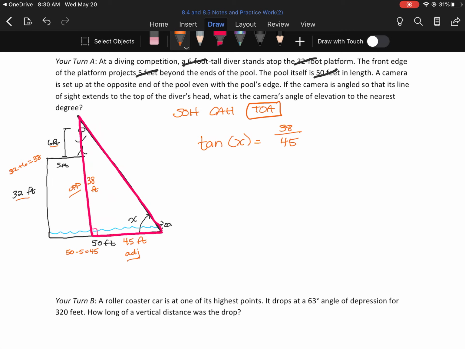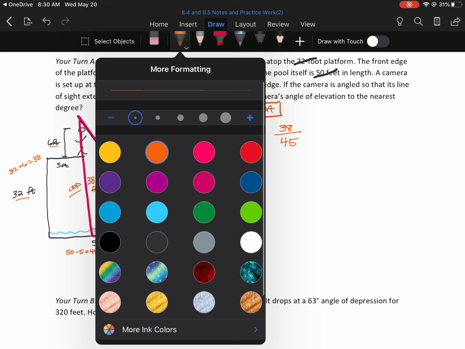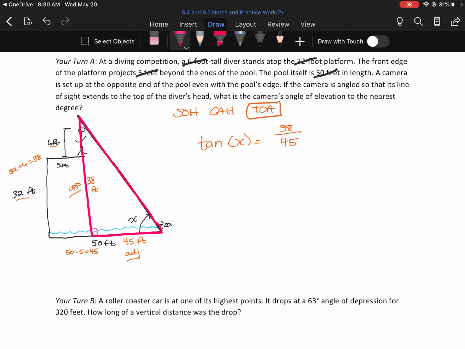Okay, so now we need to eliminate that tangent. So the opposite of tangent is tangent inverse. That's how we read that little tan to the -1. But the golden rule of algebra says what you do to one side, you do to the other. So my tangents cancel.